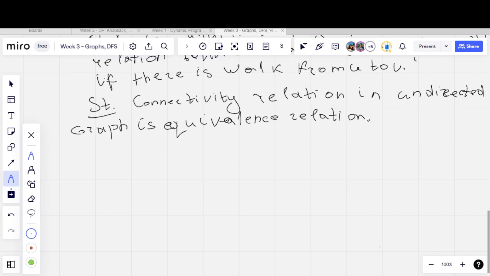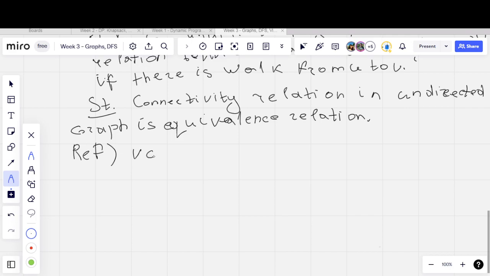Do you know what an equivalence relation is? Yes, yes, yes. I know. Okay. It's good. So what is reflexivity? How to prove it?